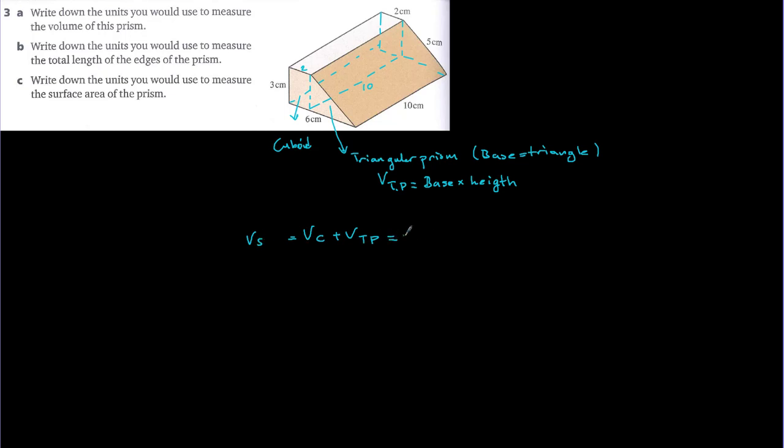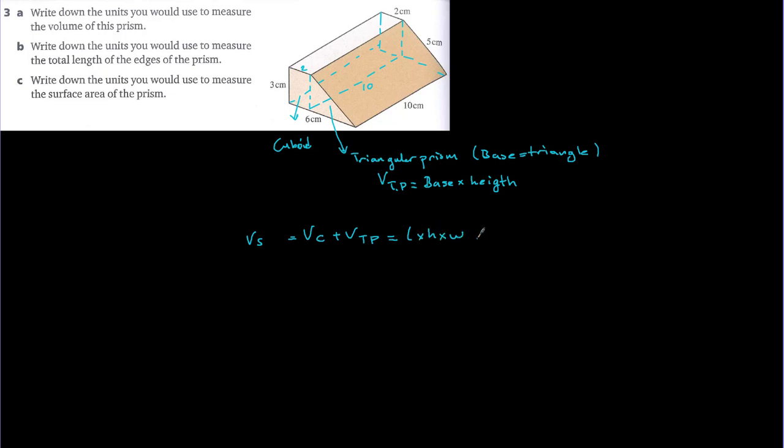Firstly, let's find the volume of the cuboid. Volume of cuboid is length times height times width.